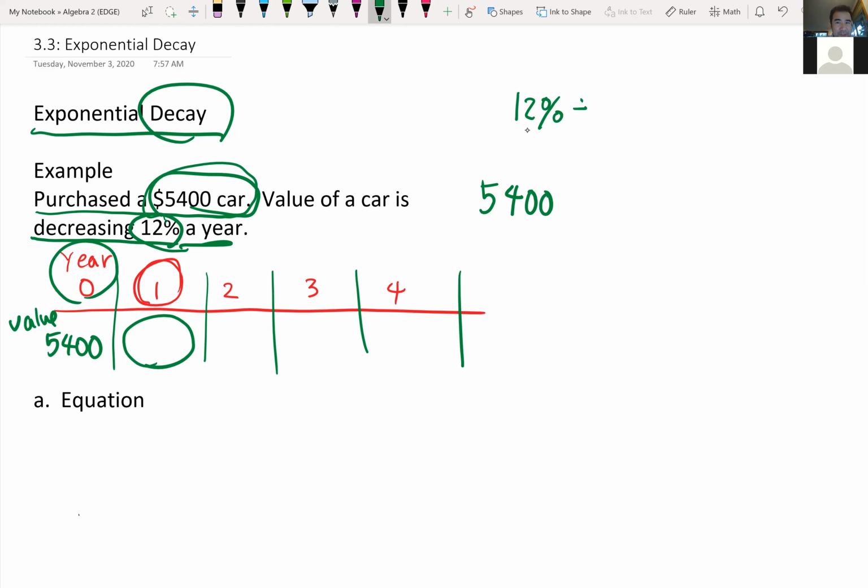First, you have to change that into decimal form. So let's do 12 divided by 100, and you get 0.12. And then you're going to multiply that by 5,400. Again, if you want to find the percentage of something, you multiply it by first changing the percent into decimal form. So let's see, where's my calculator?